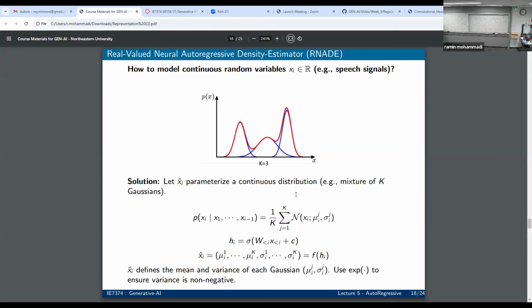Then we said, if it's not binary, remove the logistic and make it softmax. What if it's continuous? Remove the softmax and put a function that gives you, instead of a discrete value, a mean and standard deviation. And if you have mean and standard deviation, then you can pass it to the mixture of Gaussians.